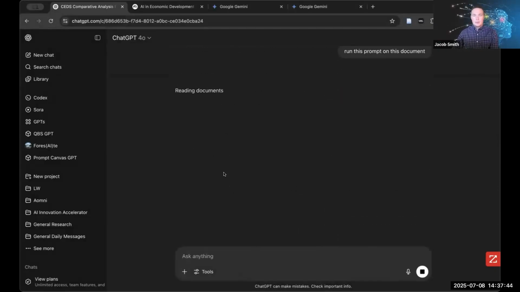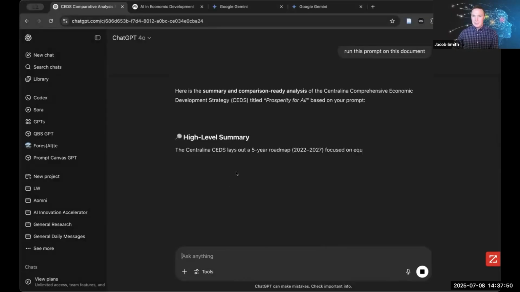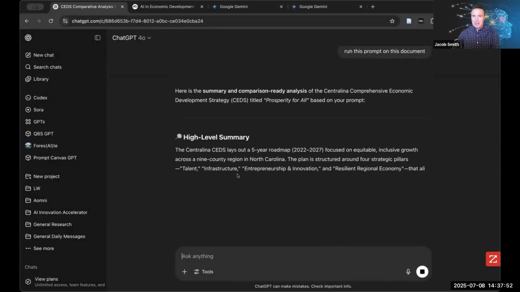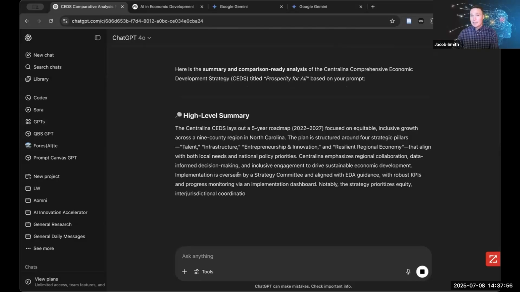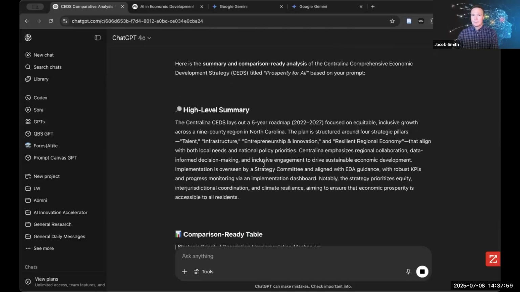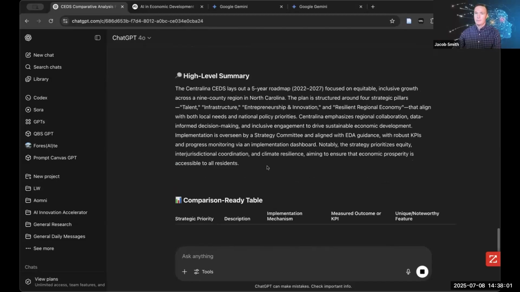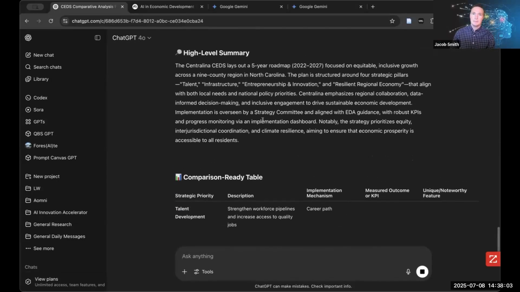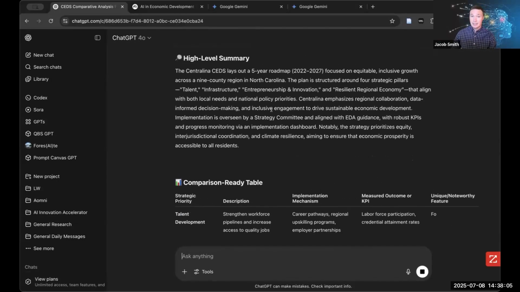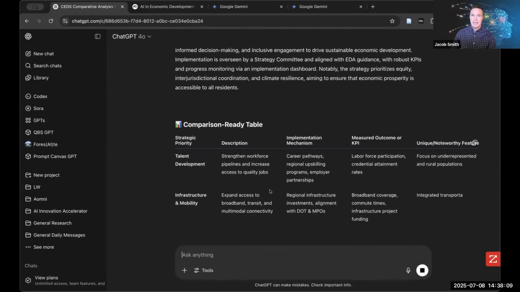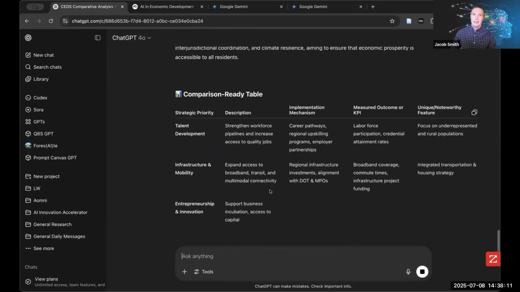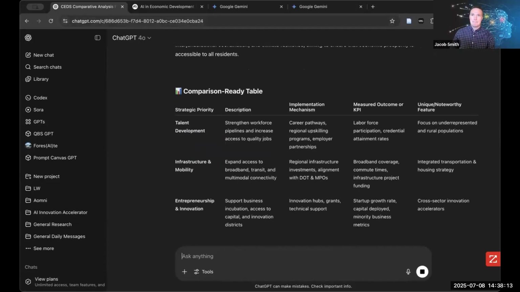It will take a moment to read the document, and then the output will probably take a minute or two to generate because it's a pretty comprehensive document, but it will follow these specific instructions within the prompt. So I won't spend too much more time here within ChatGPT, but just to highlight, it can generate text summaries. It's giving me a comparison-ready table as part of the output, and it will keep going.